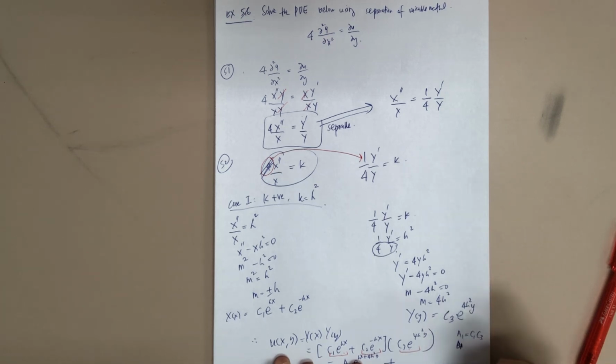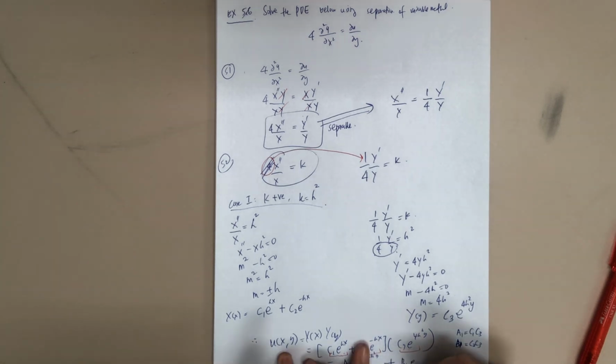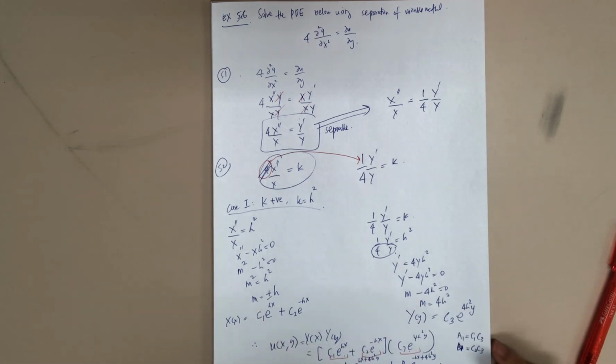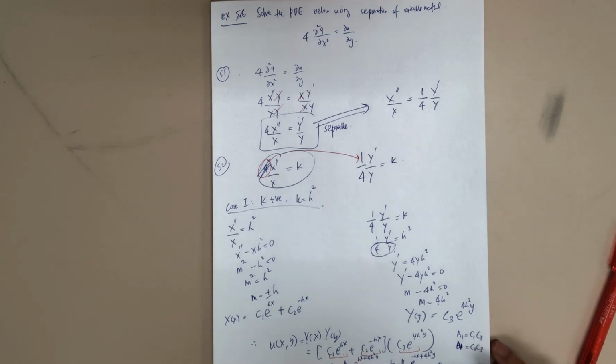A2 we will use for the next case. So B1 is C2 times C3, and then you have e^(-λx + 4λ²y). So this is the solution for case number 1.